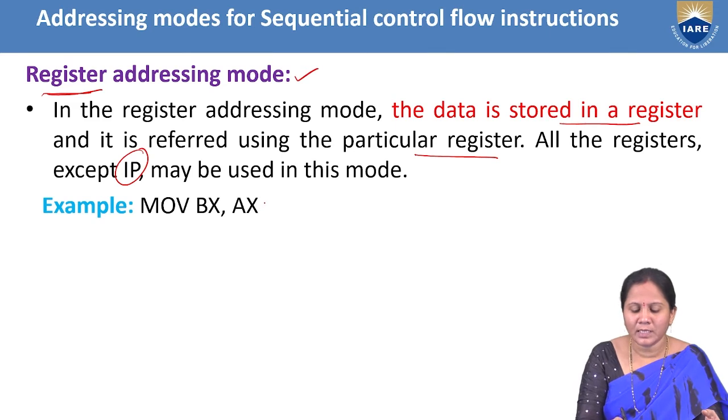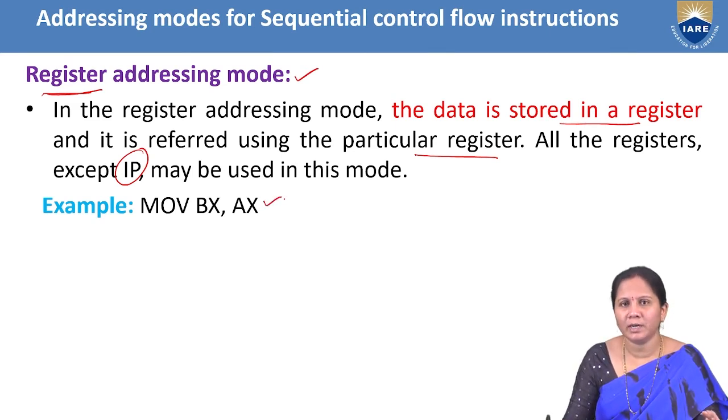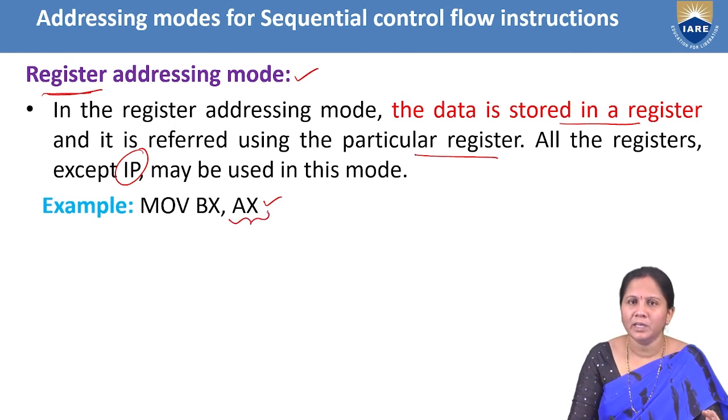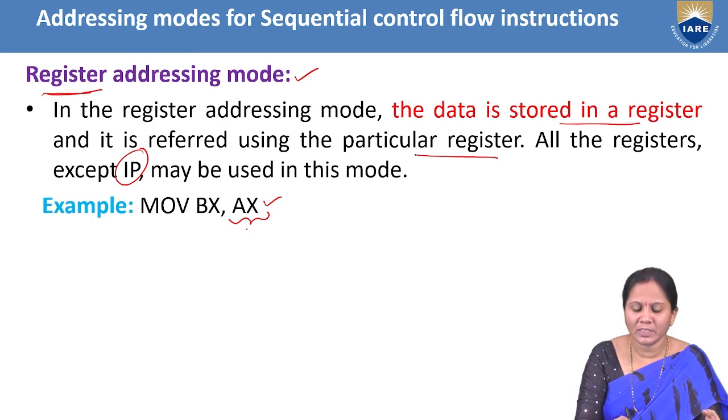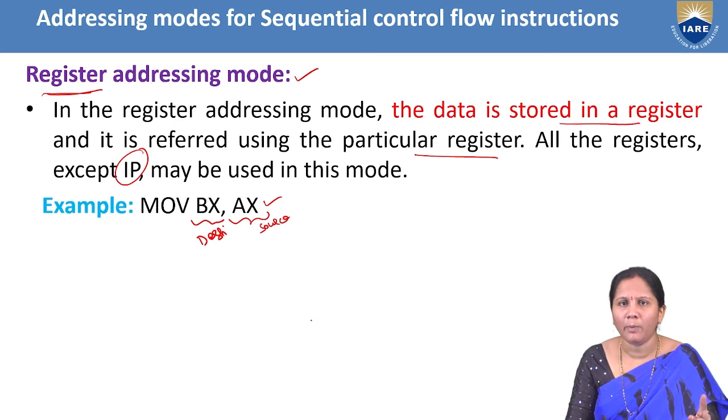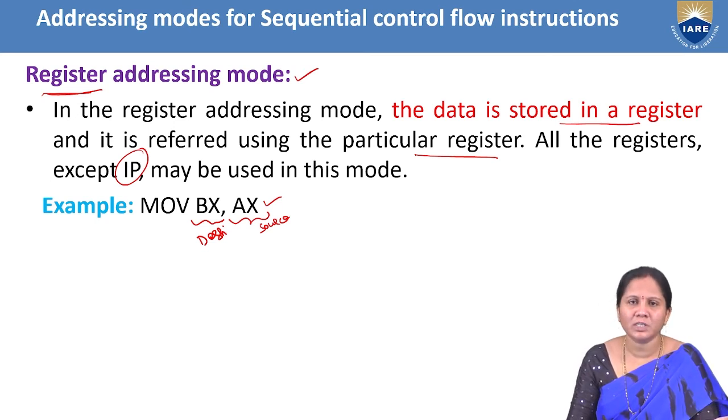Here, this example can be considered as register addressing mode. The register is specified as a part of an instruction. MOV BX, AX. Here this part is called the source and this part is called the destination. The source and destination include the operand part, whereas the MOV instruction is included in the opcode part of the instruction format.